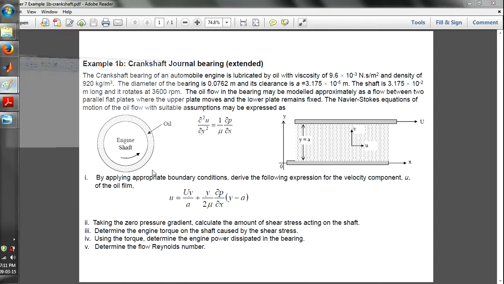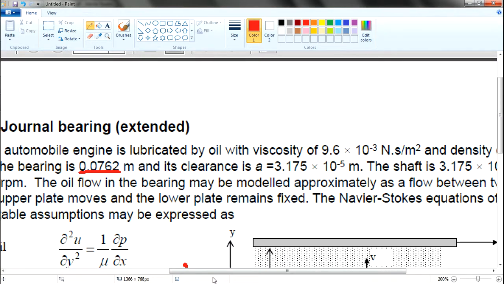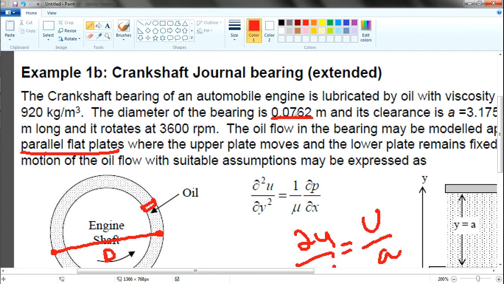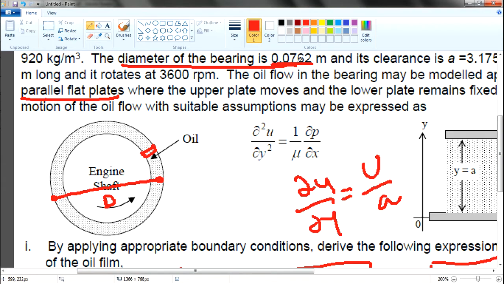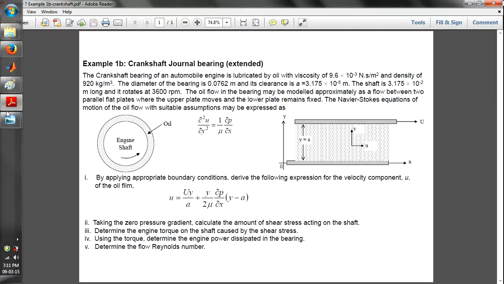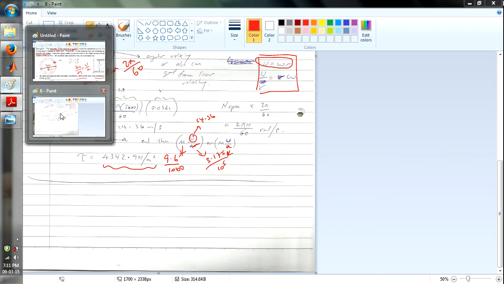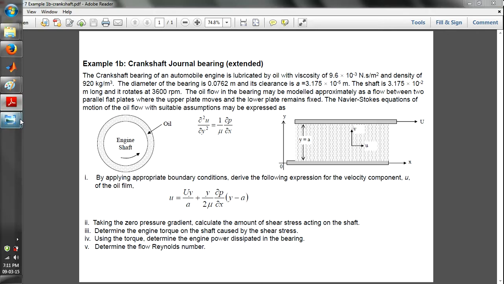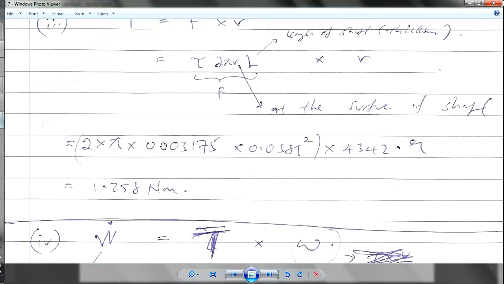If you come back over here, the diameter of the bearing is from here to here, right? So the radius is definitely this divided by 2. So if you take a look, it is over here, 0.03175.